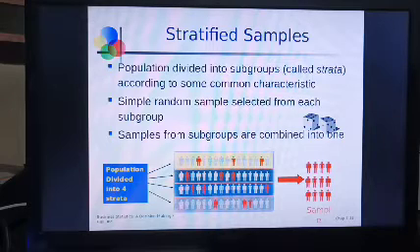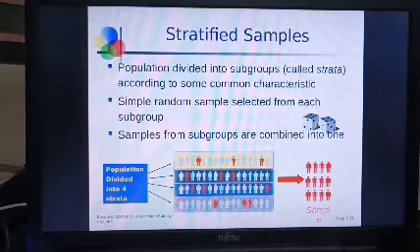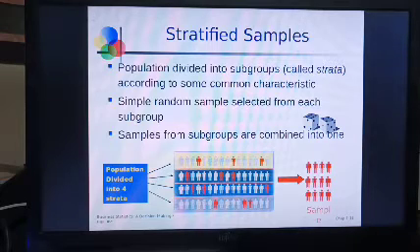The population is subdivided into subgroups according to some common characteristic. The researcher would have to determine what this characteristic is, or maybe characteristics. Then perform random sampling on each subgroup. The samples taken are then combined into one.